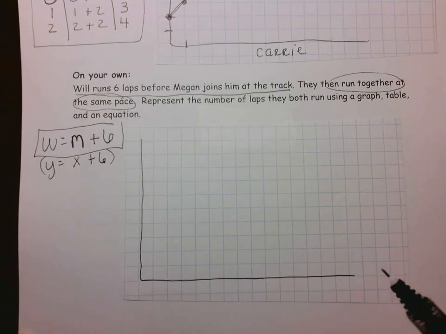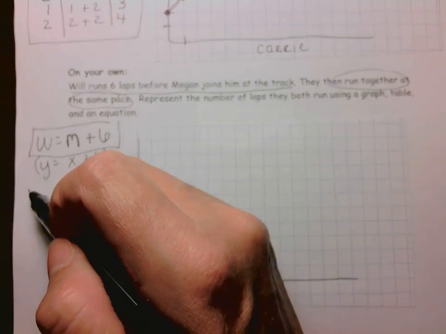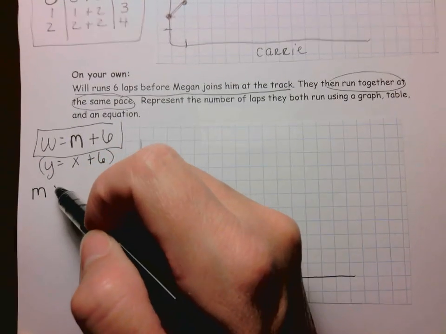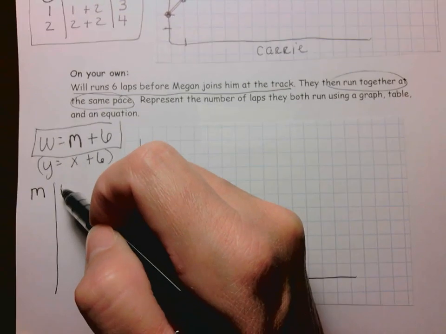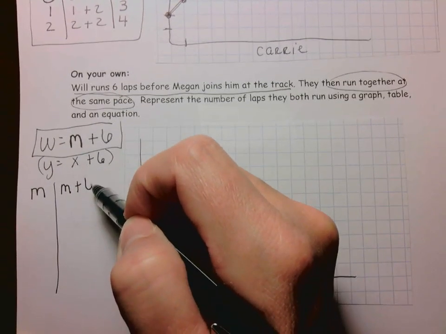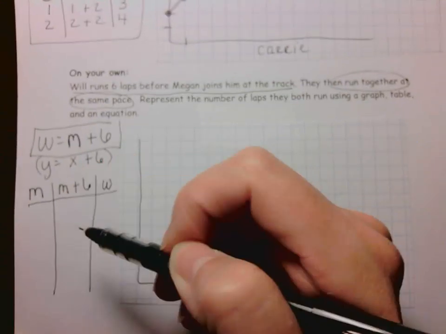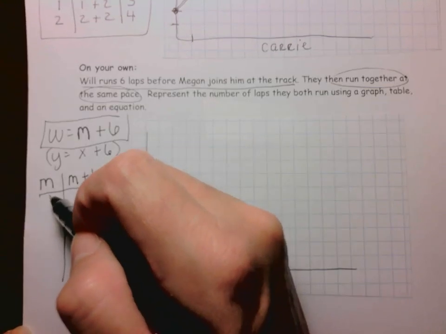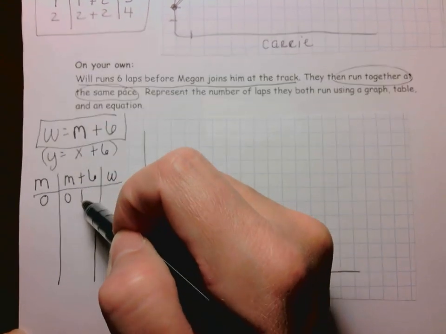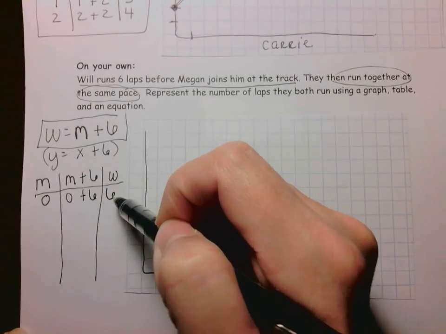And so here's my table. Megan's going to be my input. Here's my function. And so Will is going to be my output. So when Megan has run 0 laps, Will has run 6.